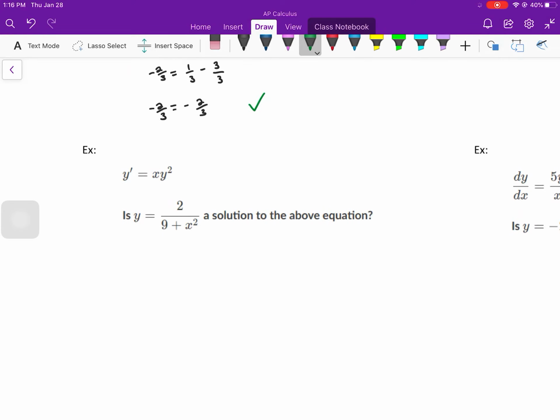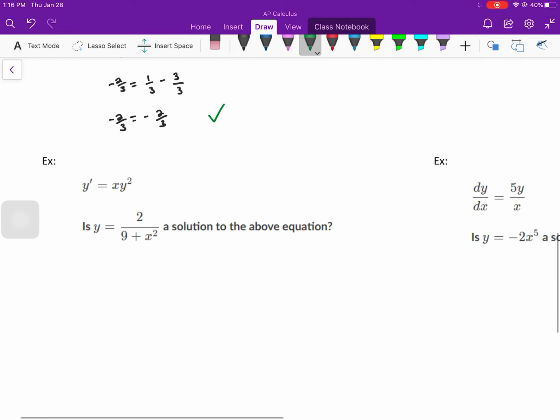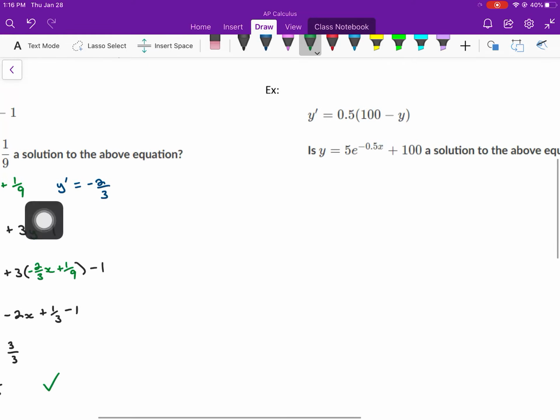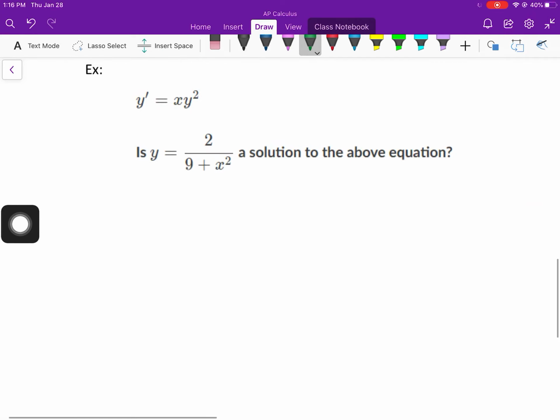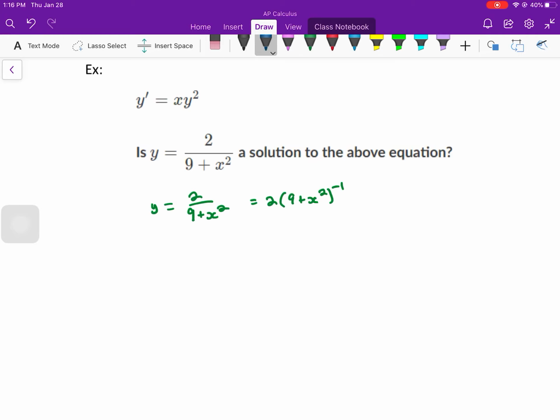Something a little more complicated, maybe these rational functions going on. Everything else, just substitute. It's the same idea for everything else. So let's take a look at this one. This will be our last example. So let me copy down our function. So y equals 2 over 9 plus x squared. So then how do we find its derivative? We could do the quotient rule. I'm just going to rewrite it though. So I'm going to rewrite it as 2 times 9 plus x squared to the negative 1.